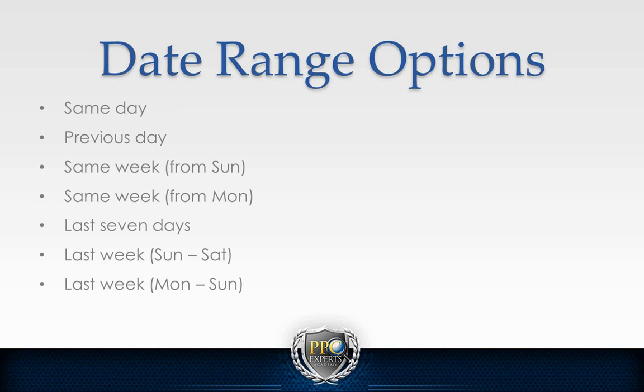So let's take a look at the date range options. So when you select the frequency option, so let's say you say that I want this rule to run monthly, you can then select for the date range options same day.